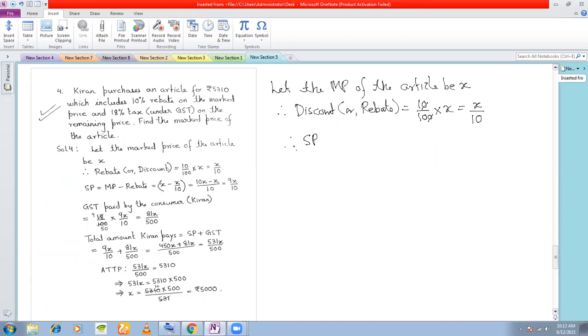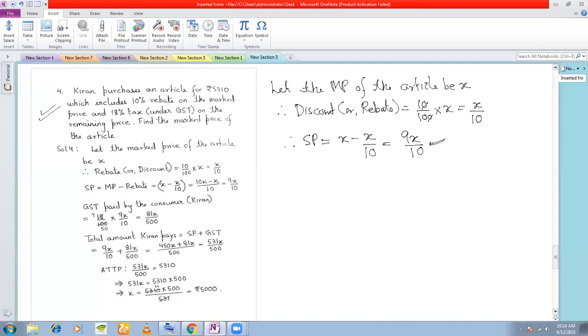So therefore, what is the selling price? Selling price means the price at which Kiran is purchasing. Selling price of whoever she is buying from. What is the selling price? X minus X by 10, which is, if you take the LCM, you get 9X by 10. Now on this, whoever she is purchasing from, he is including some GST on this price, right?